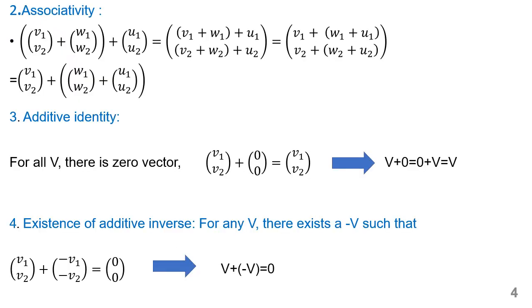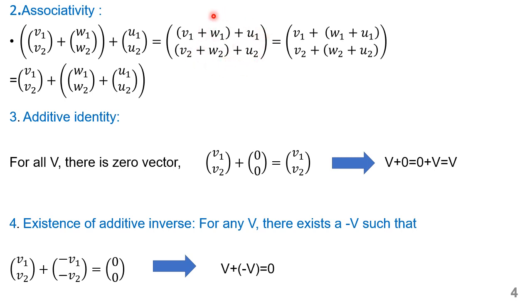The second axiom under vector addition is associativity. We have three vector spaces v, w, u. When I add them together, I can write this as v1 plus w1 in the bracket added to u1, similarly v2 plus w2 added to u2.